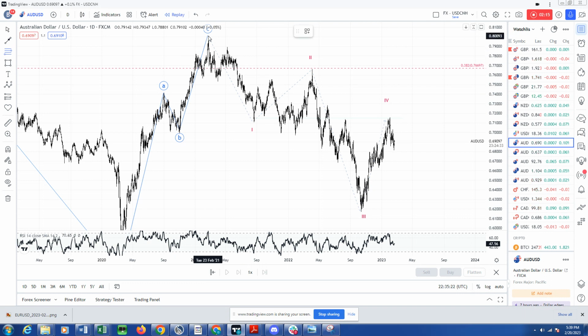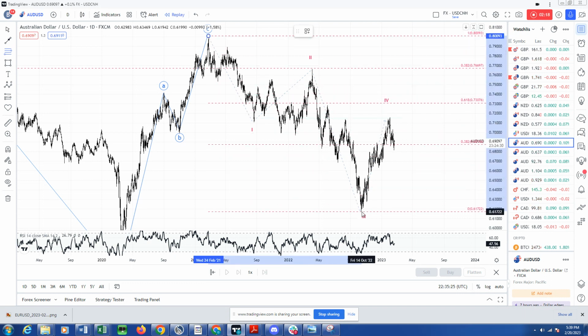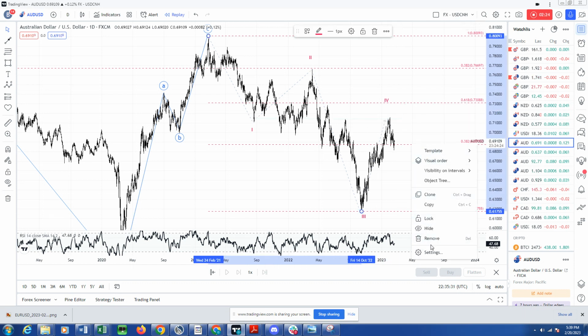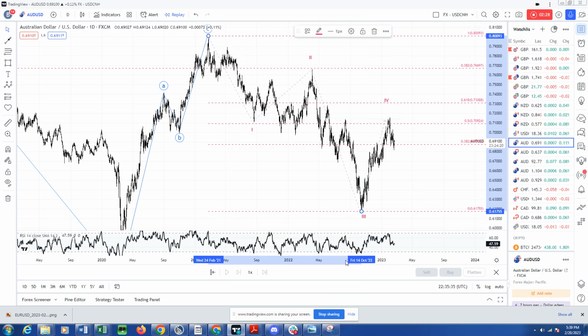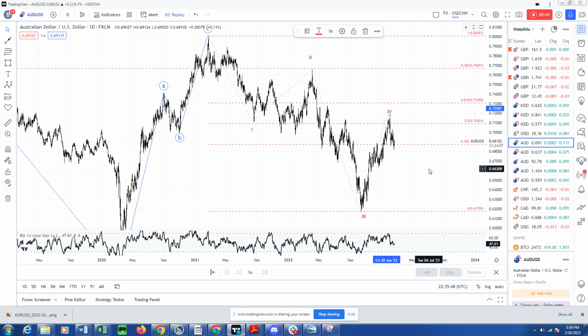If I draw a Fibo, and I'm going to add the 50% retracement to this, you can see how this got to that 50% and it turned lower again. So to me, this looks like a valid wave 4 or a corrective wave higher.